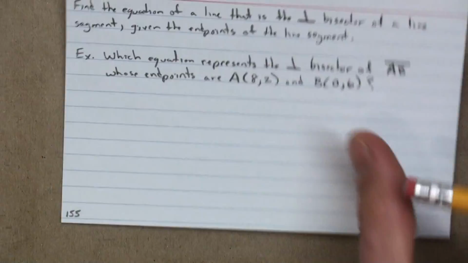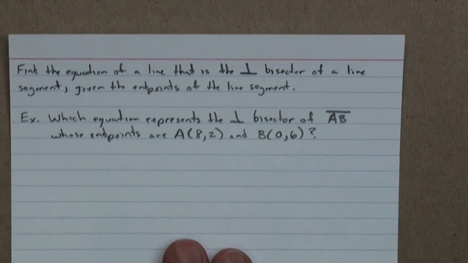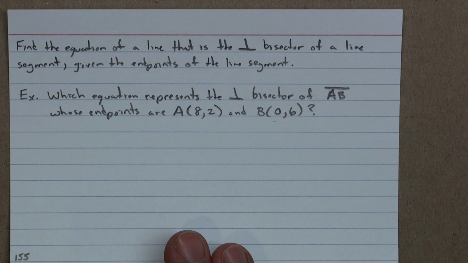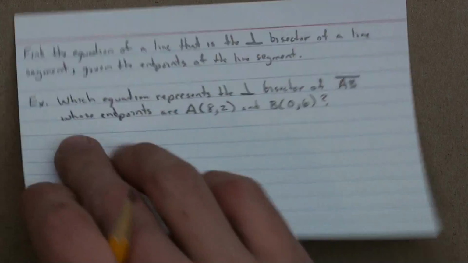Now that we know the midpoint, let's go back to this problem. Which equation represents the perpendicular bisector of segment AB, whose endpoints are A (8, 2) and B (0, 6)? So first, let's draw a picture.